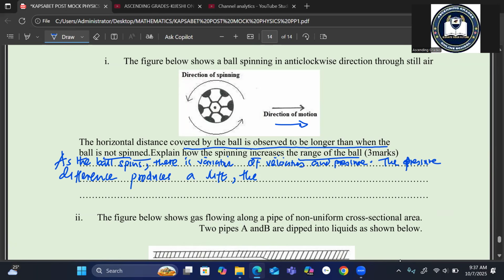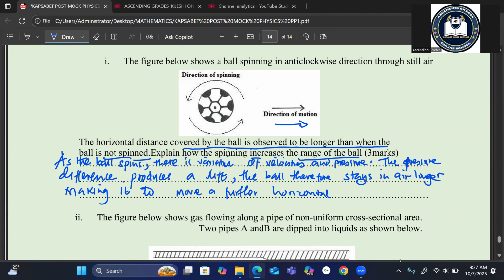The ball, therefore, stays in air longer, making it move a further horizontal distance than when it has no spin.